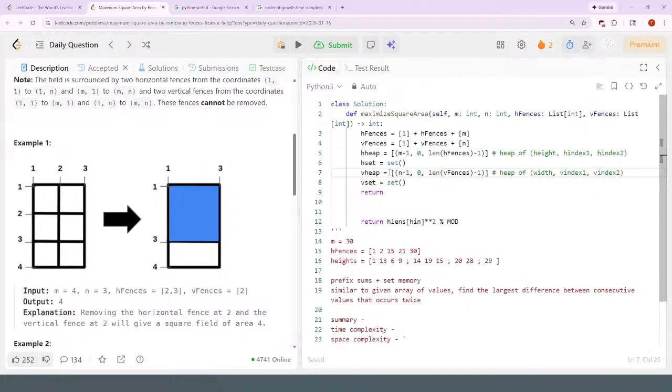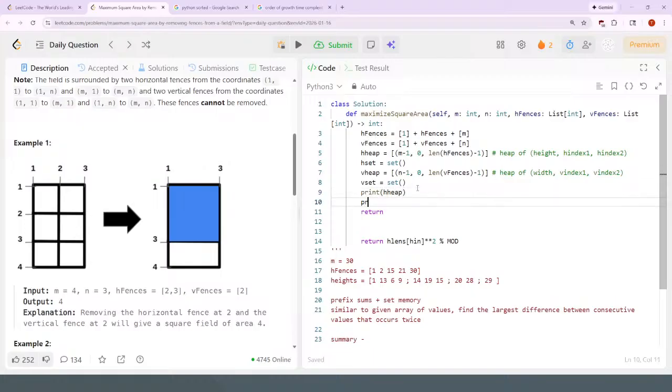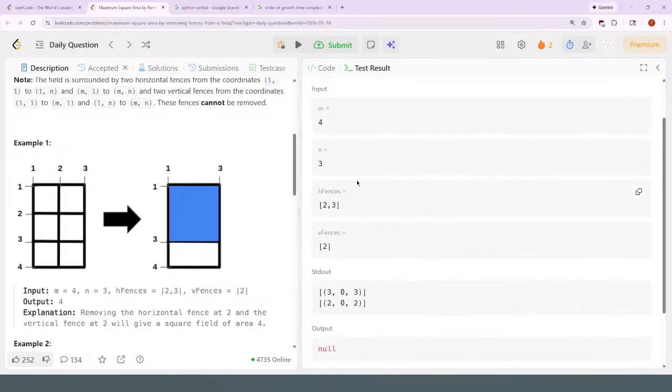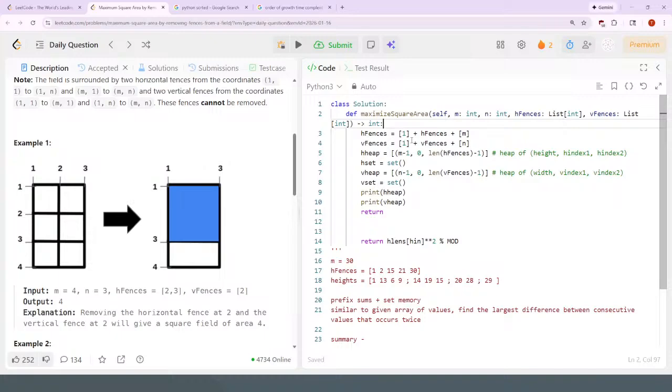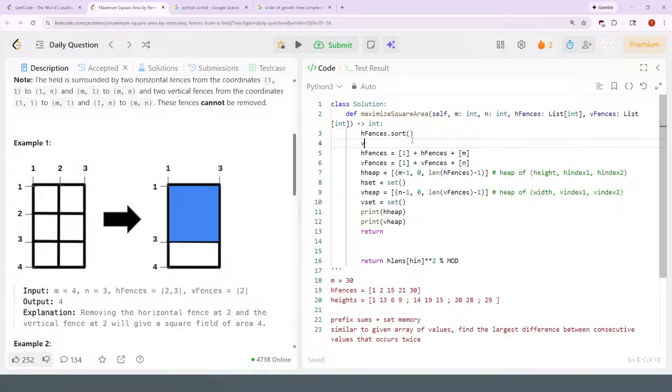I wanted to print out something here. So initially it's going to be 1 to 4. Oh, I need to sort them, don't I? I keep on forgetting to do that. H fences dot sort, V fences dot sort.